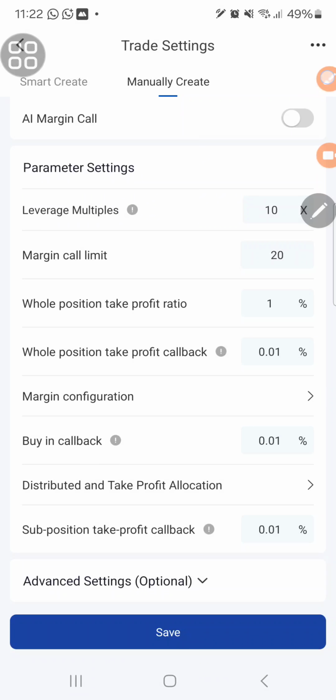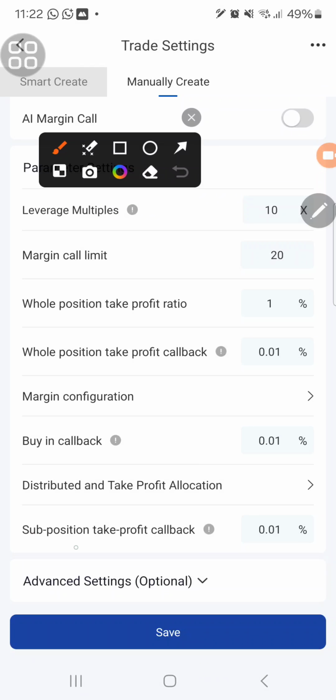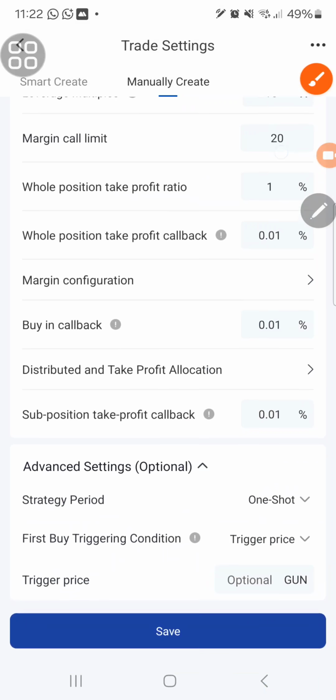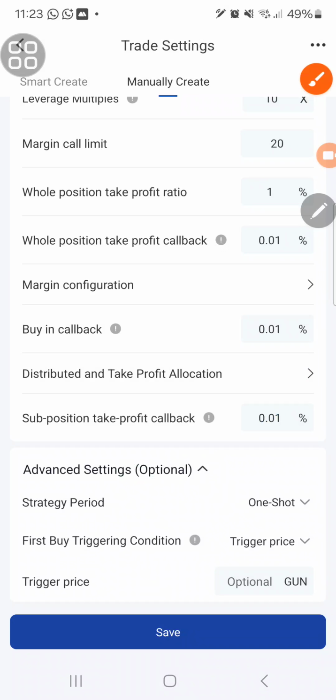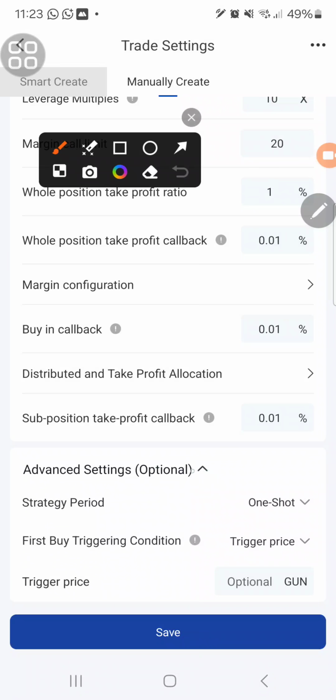Then the other thing is sub portion take profit callback. Now this is the same thing as this one here. This one pertains to distributed profit allocation. Now, when you continue to do these other things, a bit technical, the advanced settings are optional. These are optional for beginners. You can set trigger prices.